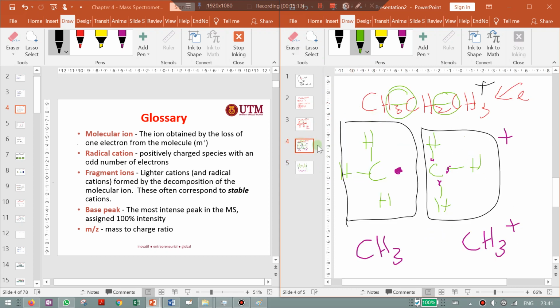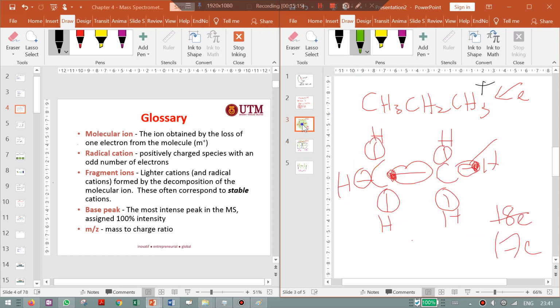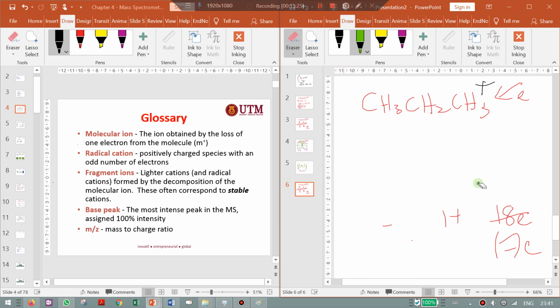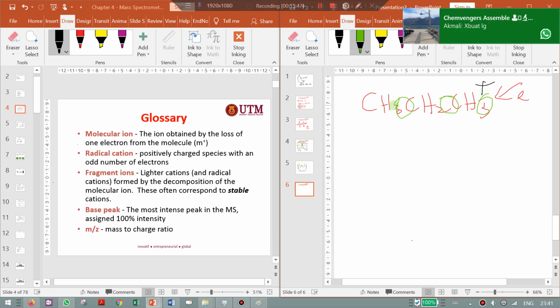Let's focus again on this example. We have propane as the analyte of interest. We agree that it can attack this bond or this bond because it's not stable. As a radical cation, it tends to break, because the electron is not complete to form a bond.